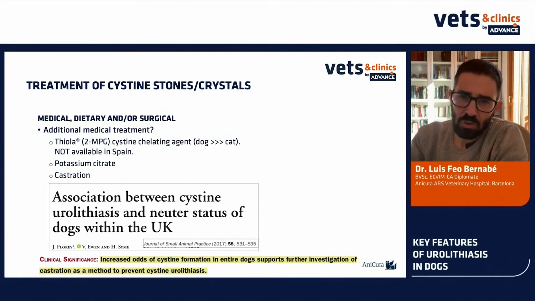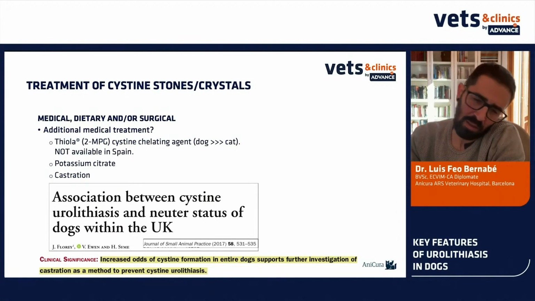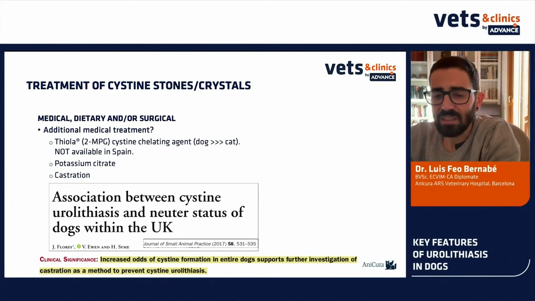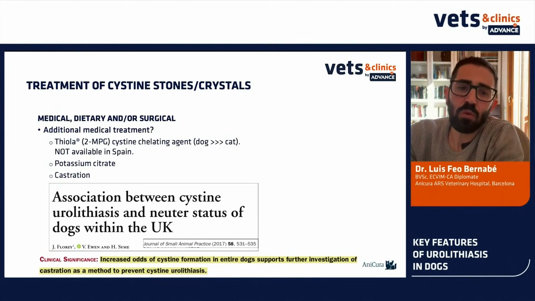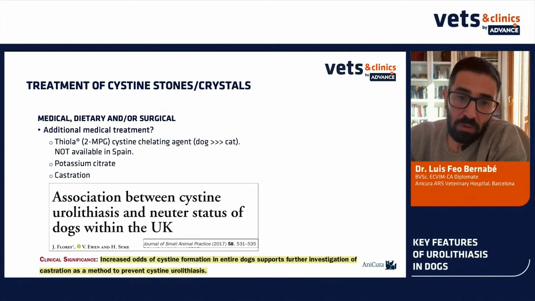And as already mentioned, my recommendation is castration of every single entire male, because there are some papers, as you can see here on the screen, showing that cystine formation is probably more prevalent in entire male dogs. That's why if you castrate these dogs, most of the time you will have a complete resolution of the situation, based on my experience.